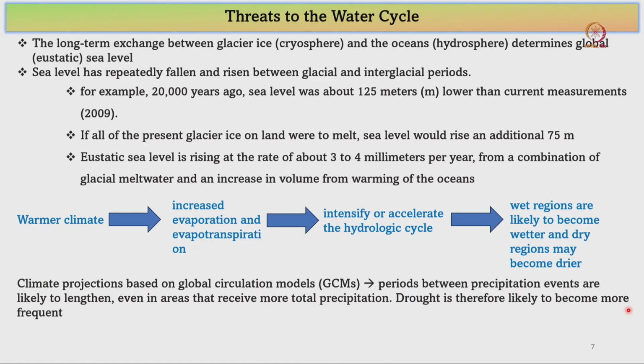Also, you must be knowing that the earth is slightly tilted, right. If you have seen the earth, there is a slight tilt. The angle at which the tilt is there is also changing, right. Now, this change also influences the insolation.